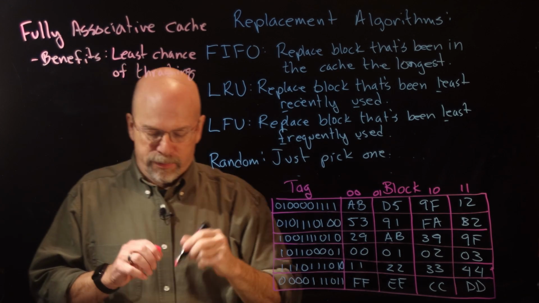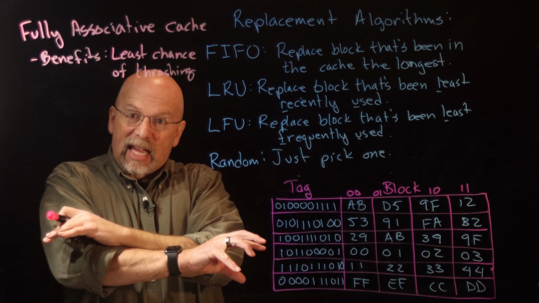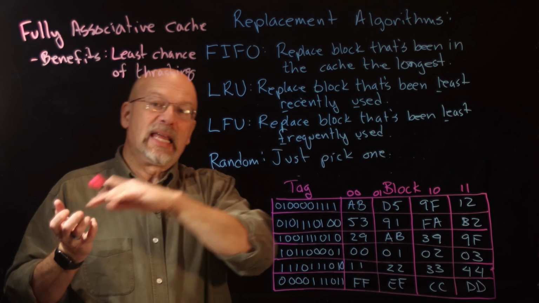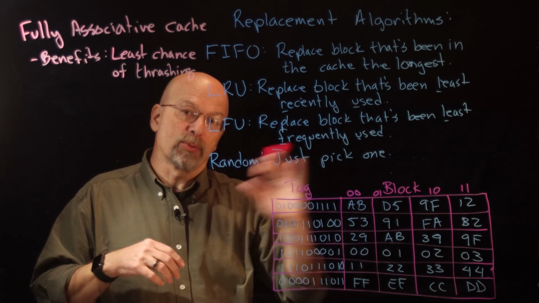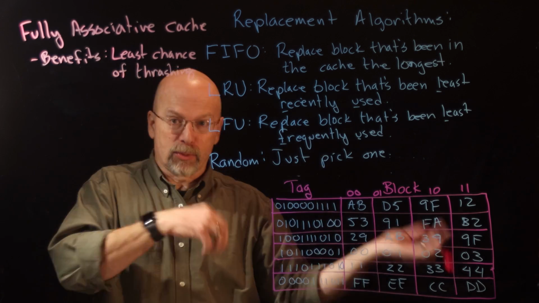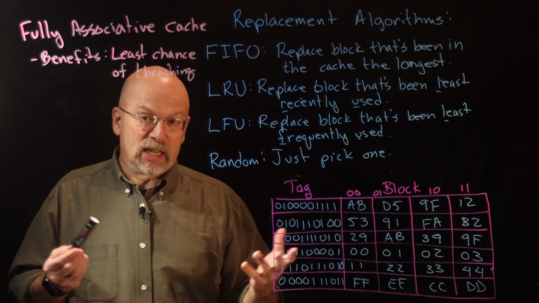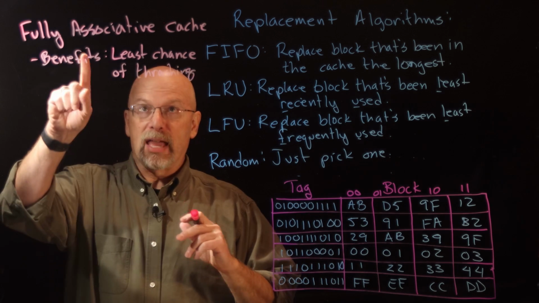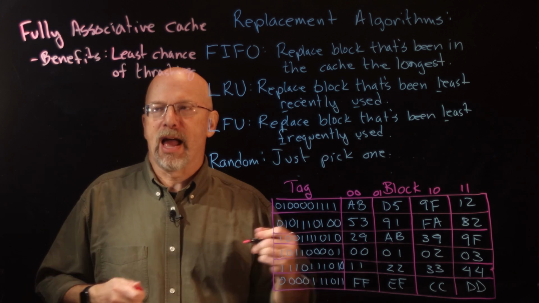In other words, throwing out a block and replacing it, but then finding out you need that block again and bringing it in and throwing out something that's needed back again, and this thrashing back and forth, throwing something out to main memory, bringing it back in, can actually significantly hamper performance. And as far as fully associative caches are concerned, there's really no thrashing at all.